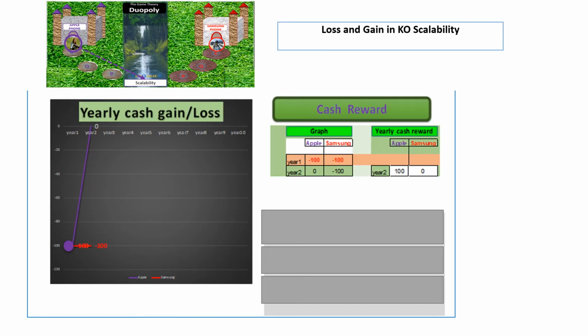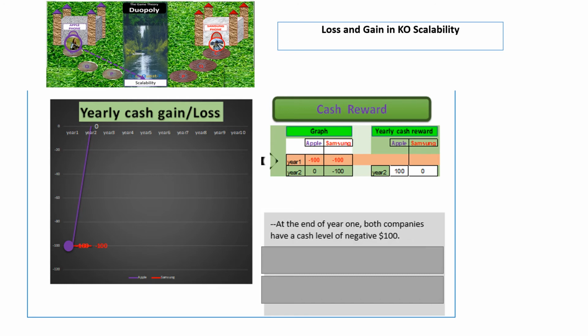This will be a numeric assessment of the scenario of a knockout scalability. At the end of 1 year, both companies have a cash level of negative 100,000.